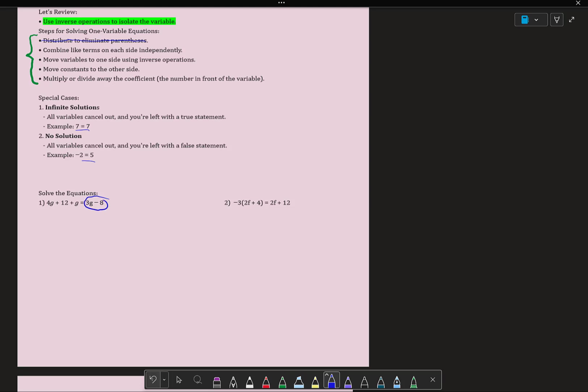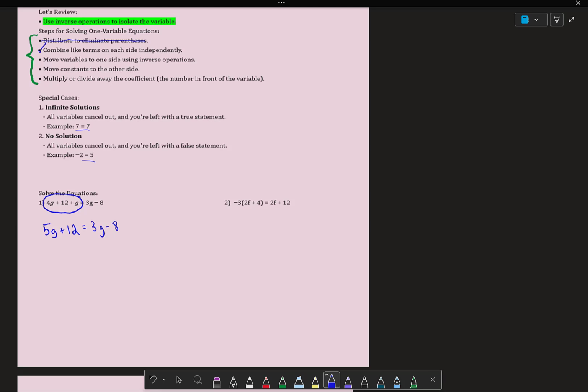Those aren't like terms. But on the left-hand side, if we combine those terms, we would end up with 5g plus 12. So that is the second bullet point. We can check that off.